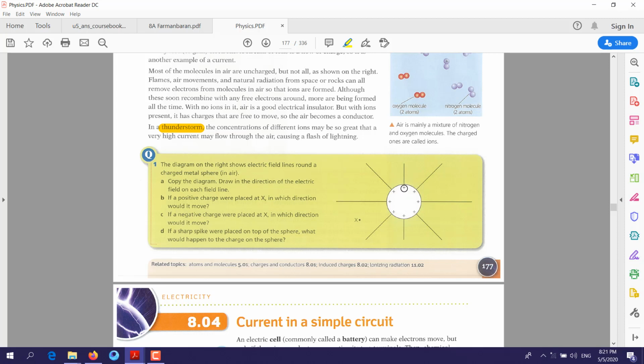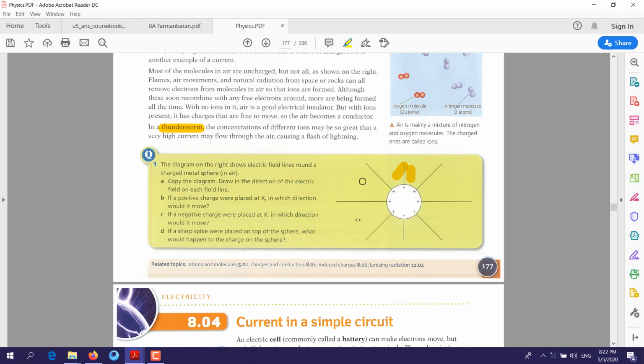Because this is positive, and to draw an electric field we draw arrows, the direction of these arrows will always be from positive to negative. So where is the positive? Here. Where will the negative be? Around it. Now, how will the direction be? It will be in this way, from positive to negative. Here, in this way, should be the direction of the arrows.